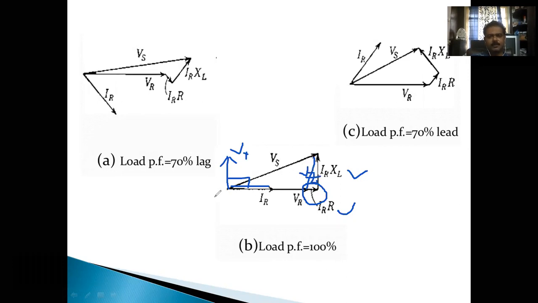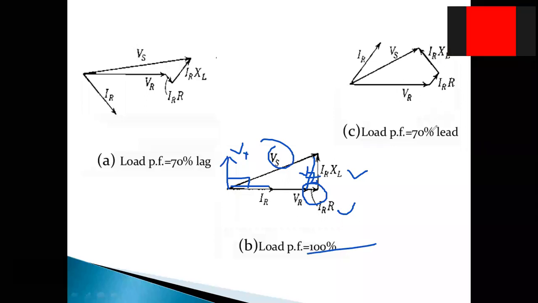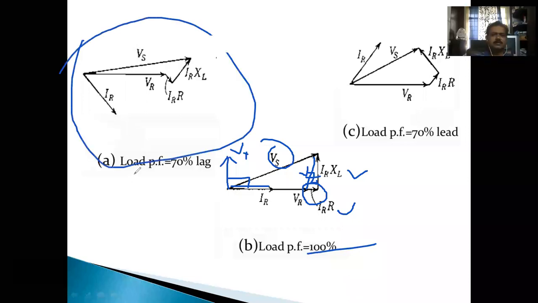The receiving end voltage plus the voltage across impedance directly gives the supply voltage. Similarly, we can implement this for a capacitive load. All three figures are the same. Most of the cases we use only the lagging load, because the loads are generally lagging loads.